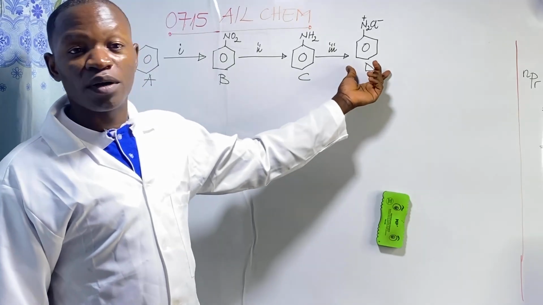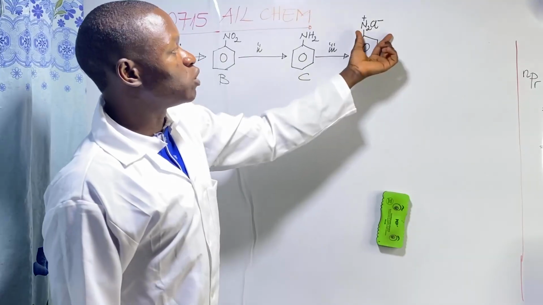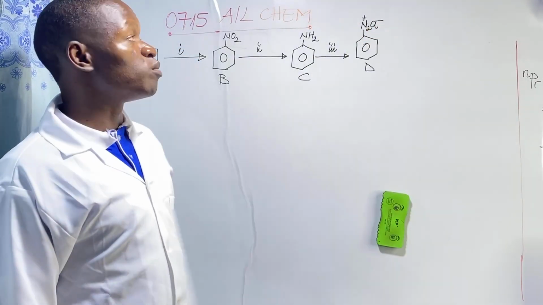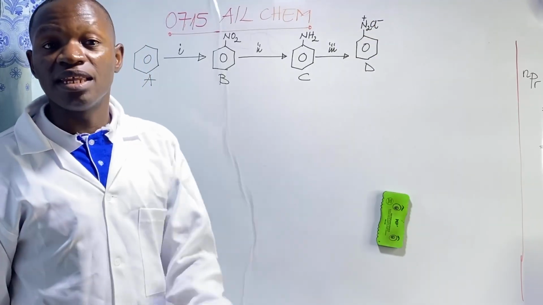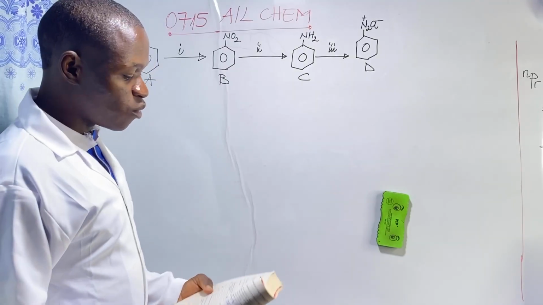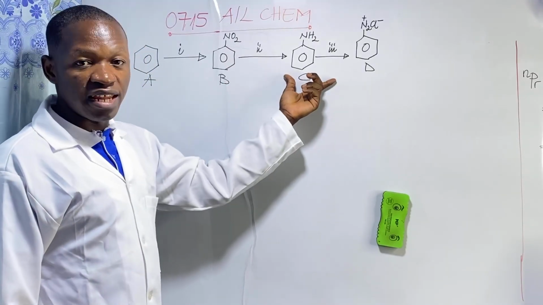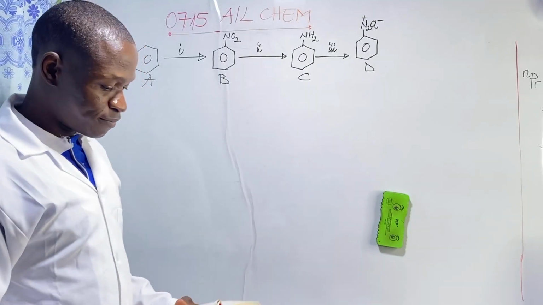This is the diazonium group N2+ Cl-. You call it a diazonium group. This is a very rapidly leaving group, as we shall see. So there we have named the compounds: benzene, nitrobenzene, phenylamine, and benzene diazonium chloride.